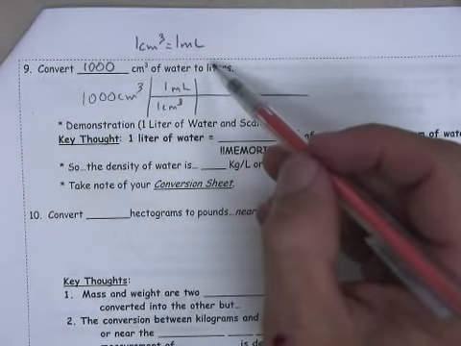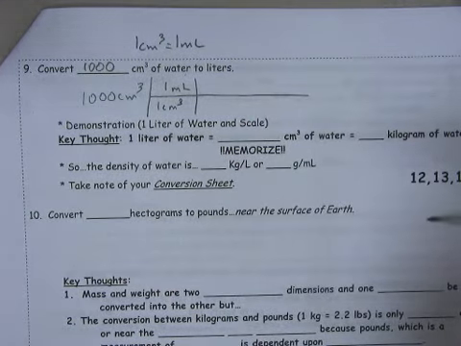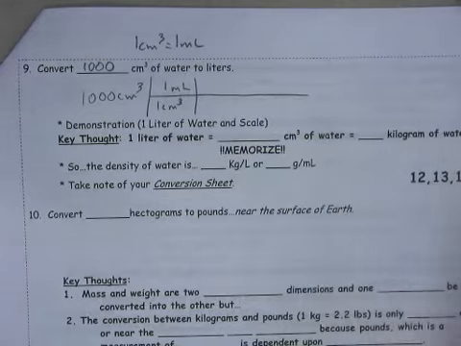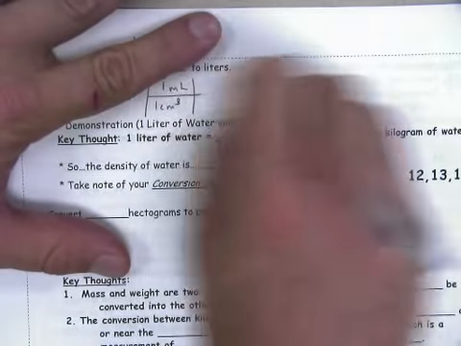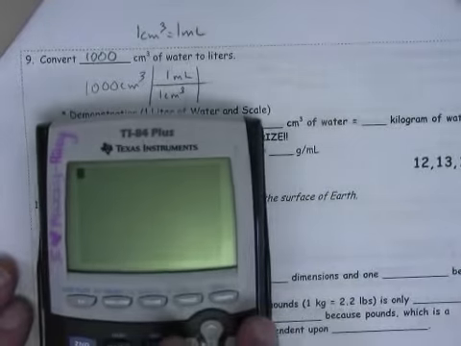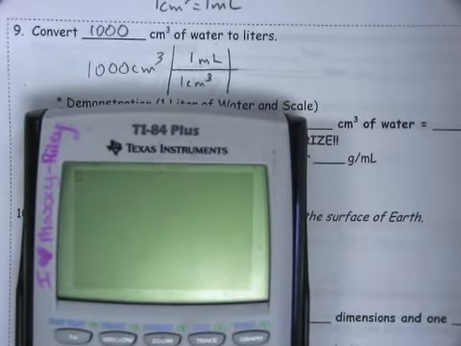Now I'm at milliliters. I need to get to liters. Now the conversion between milli and liters, I'm trying to figure out maybe the best way. Actually, let's get around that. Let's calculate this on the calculator first, and then I'll show you how to deal with the milli.